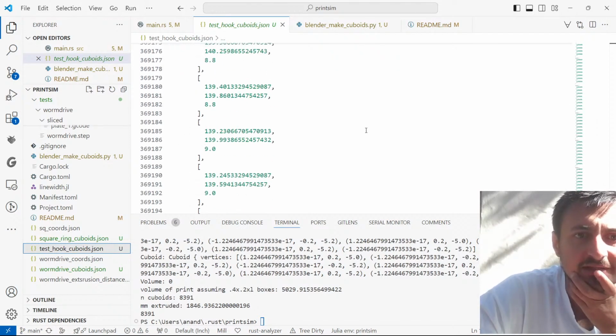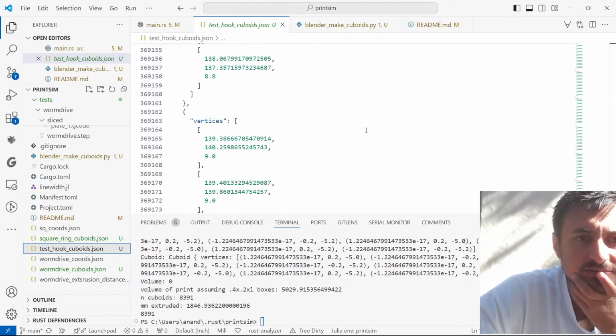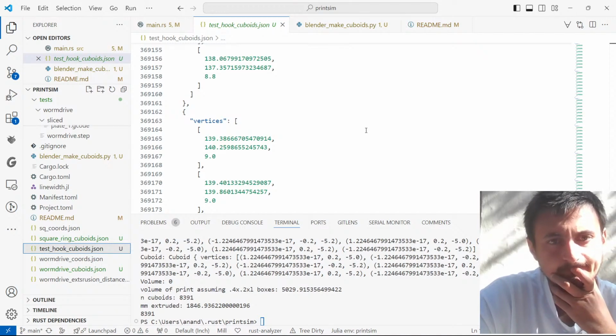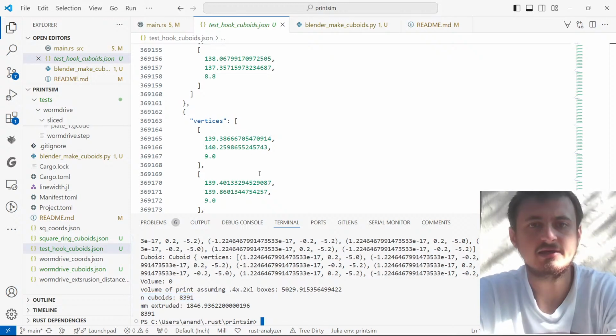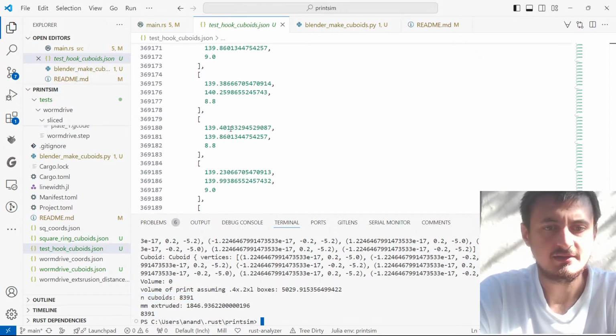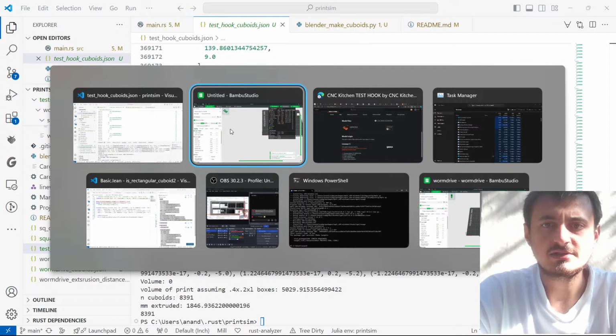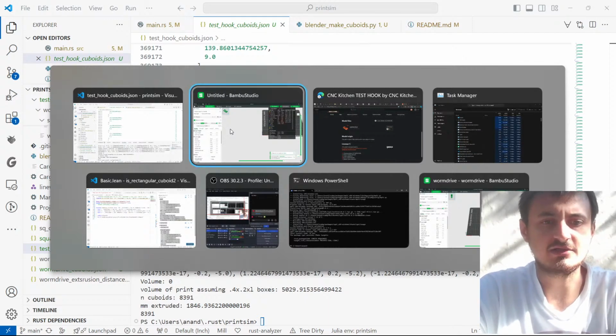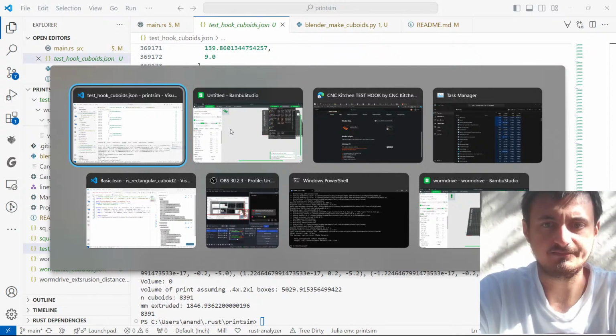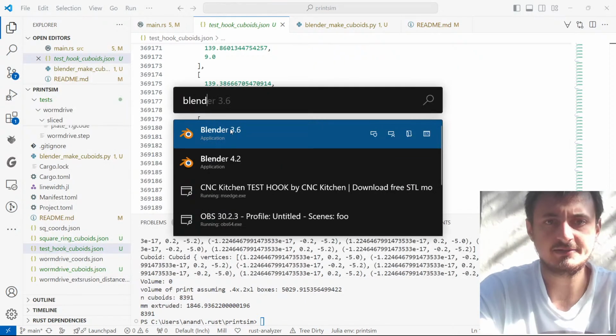Why is it so many? 8,000 times. Okay, whatever. 8,000 cuboids. I mean, it seemed really fast to do 250, so I feel like this is more reasonable. So let's open up Blender again.